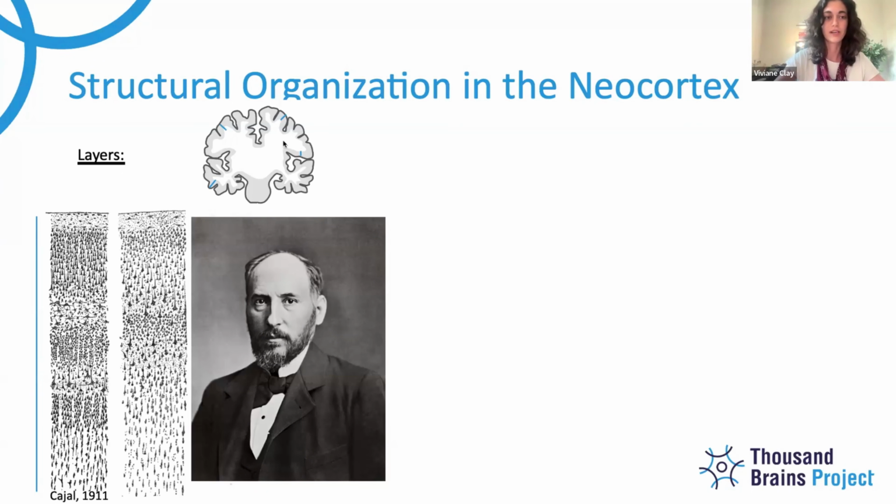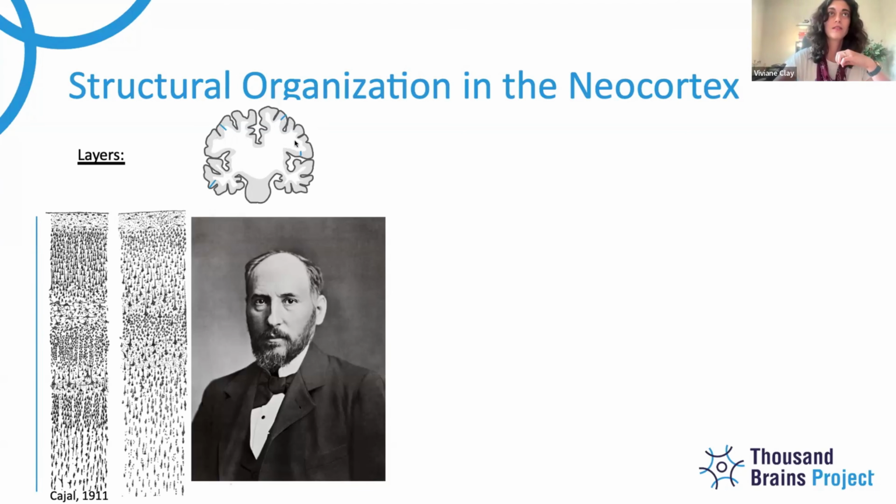Okay, and so to frame all of this neuroscience evidence, I think it's useful to just recap the basic structural organization in the neocortex. I think you're all aware of this, but just as a brief recap. We have the neocortex, which is basically a thin sheet that's kind of wrinkled up a bit in our heads.